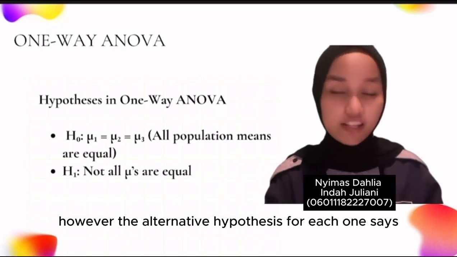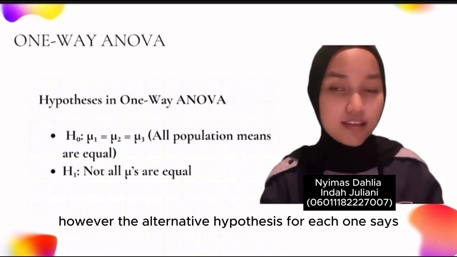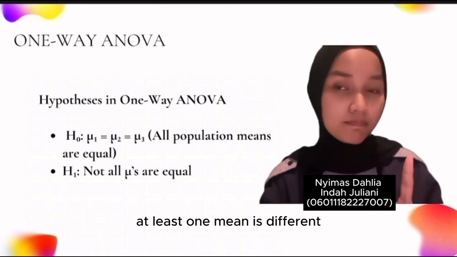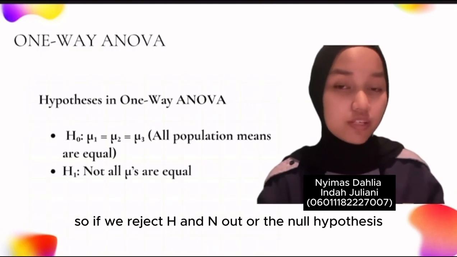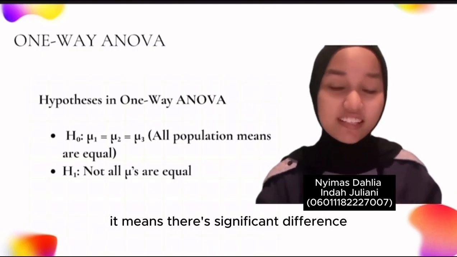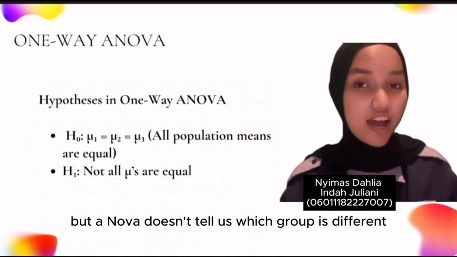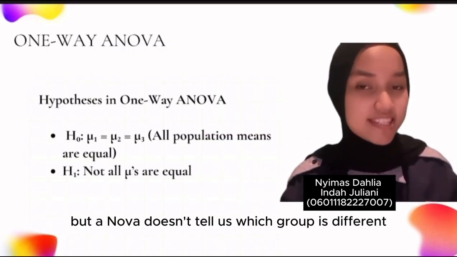However, the alternative hypothesis, H1, says at least one mean is different. So if we reject H0, the null hypothesis, it means there's a significant difference. But ANOVA doesn't tell us which group is different.